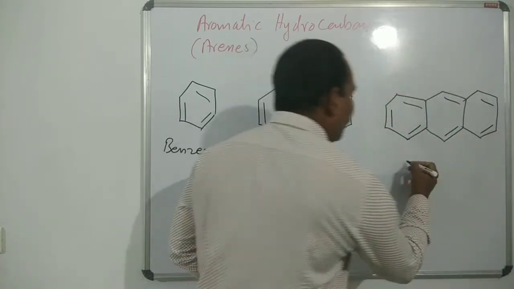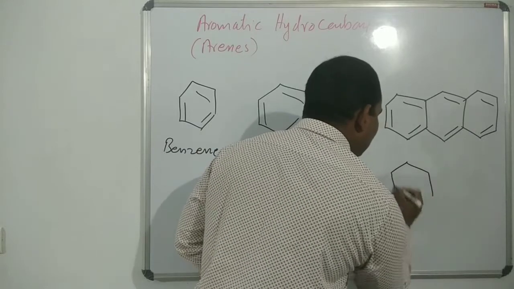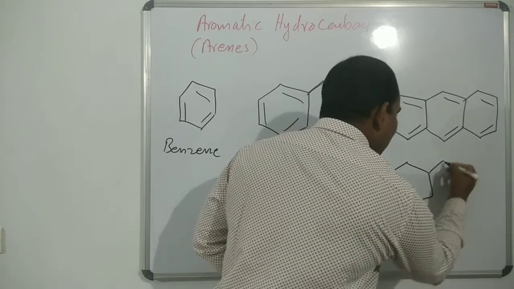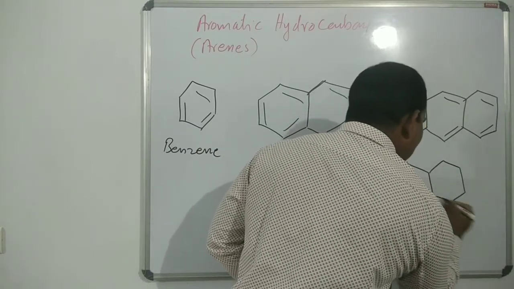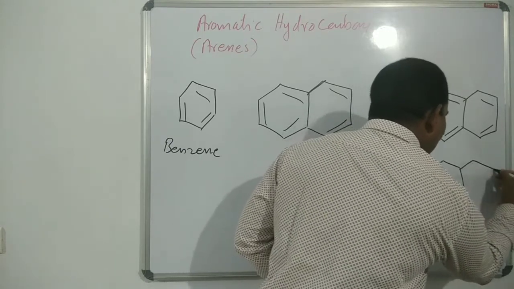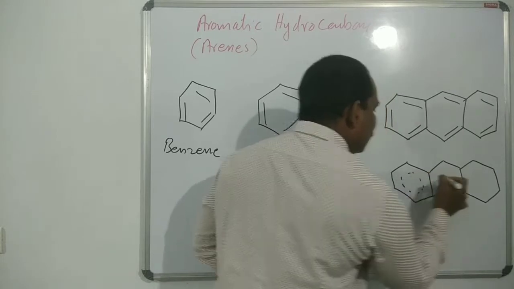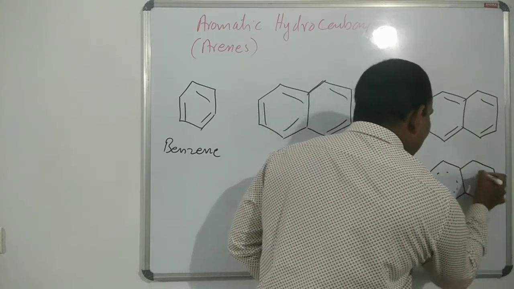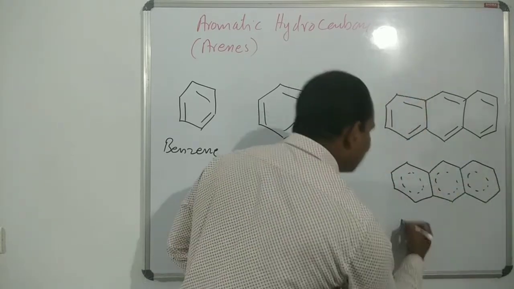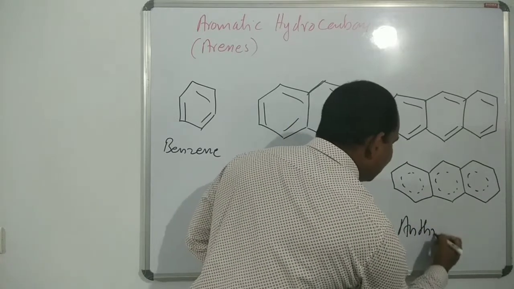Or you can draw it like this: three benzene rings. The molecular orbital structure can be used in some textbooks. It is drawn like this, with dotted circles. So this is called anthracene.